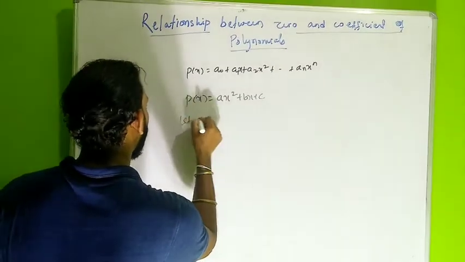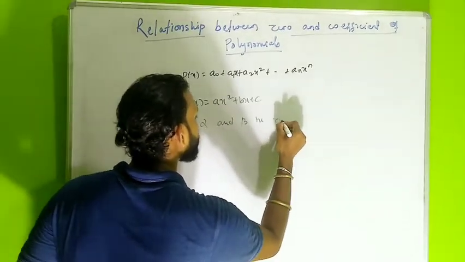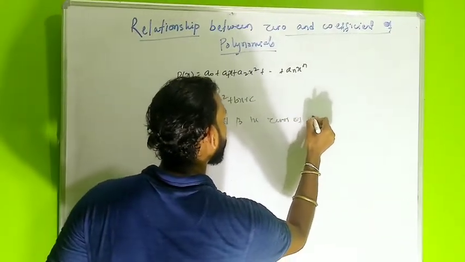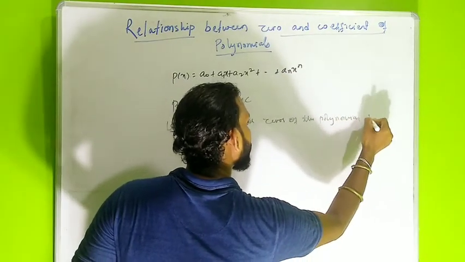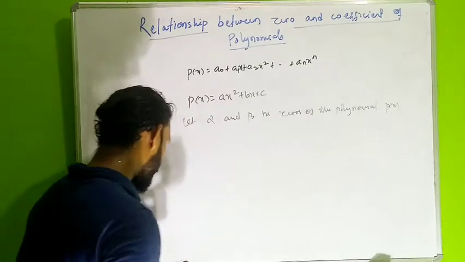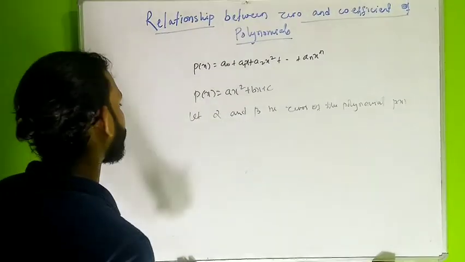Let alpha and beta be the zeros of the polynomial p of x.